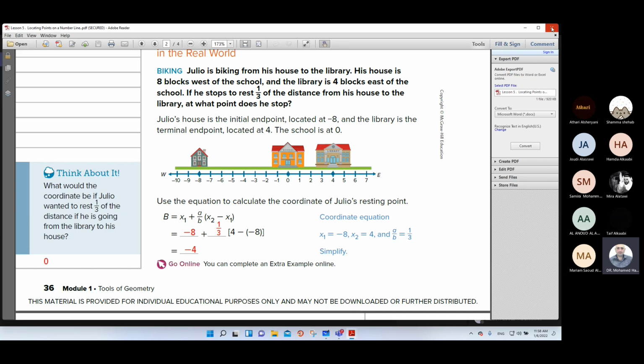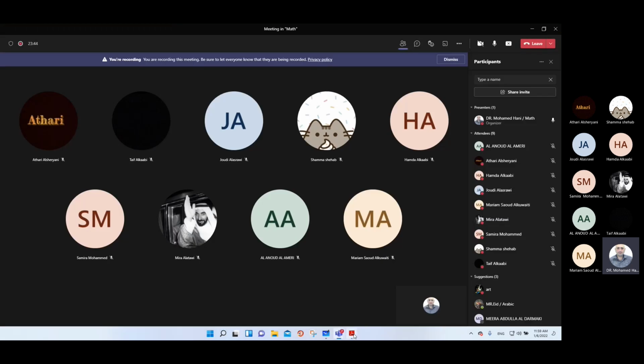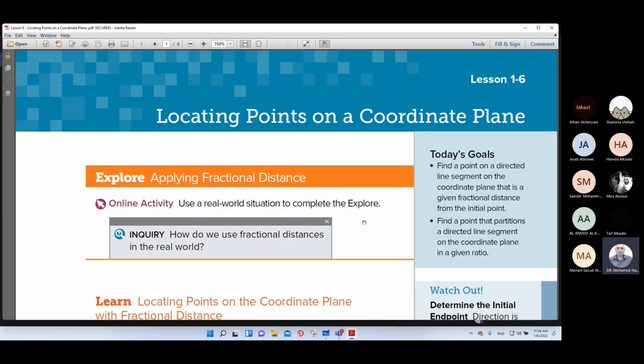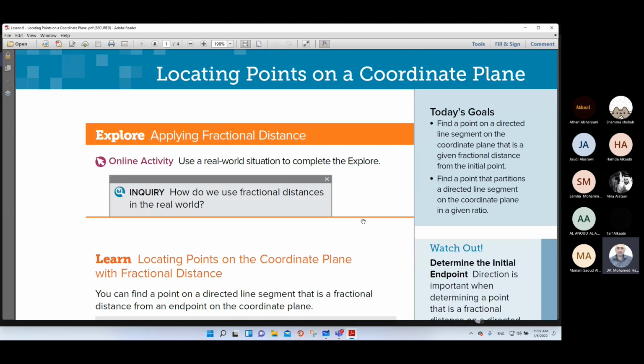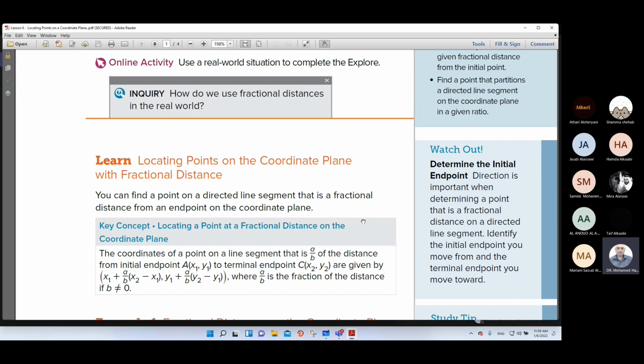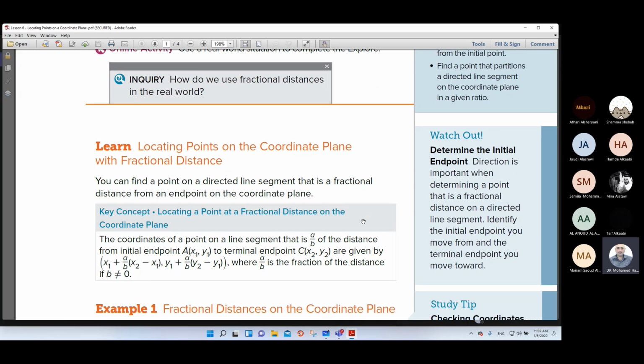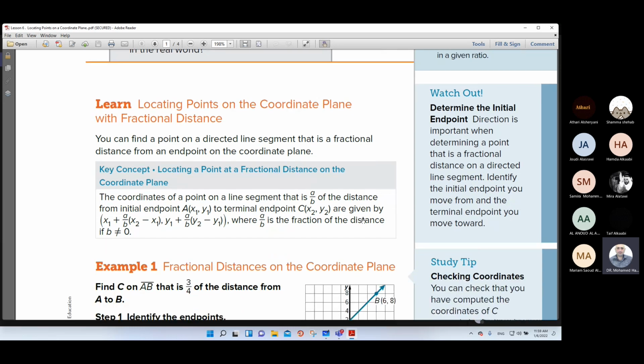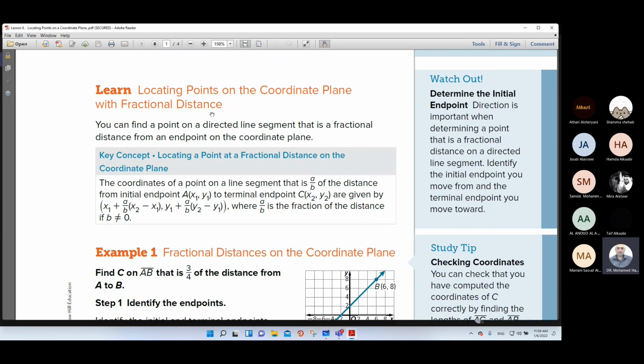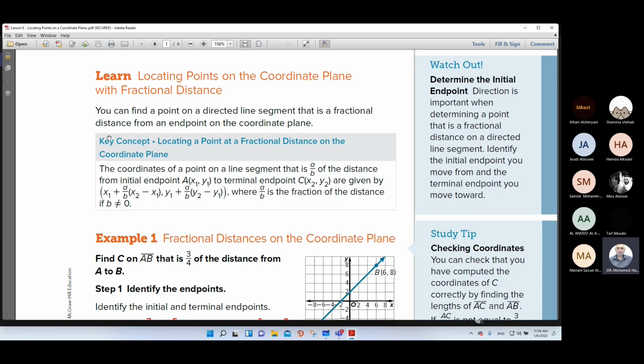The second idea, locating points on a coordinate plane. In this idea, we want to learn how to locate points on the coordinate plane with a fractional distance. You can find a point on a directed line segment that is a fractional distance from an endpoint on the coordinate plane.